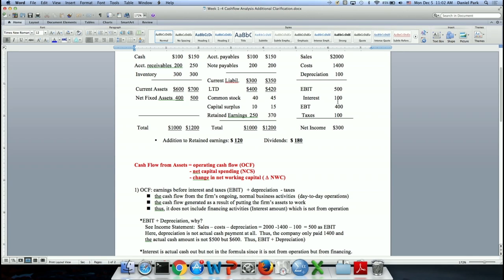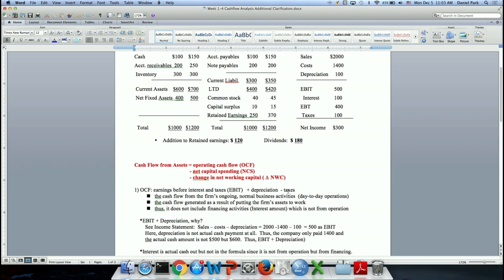So the company has two options: either borrow money, do business and pay interest to the lenders, or not borrow at all and then do business. That means interest payment will be zero. So this is not operation basis, but a financing activity. So we do not include it in the formula.